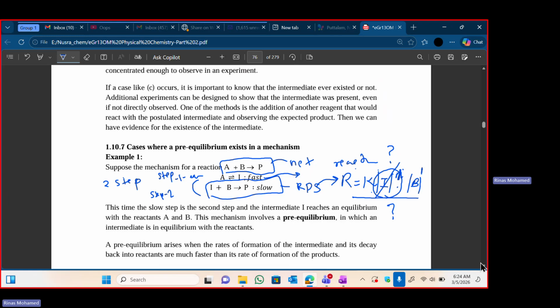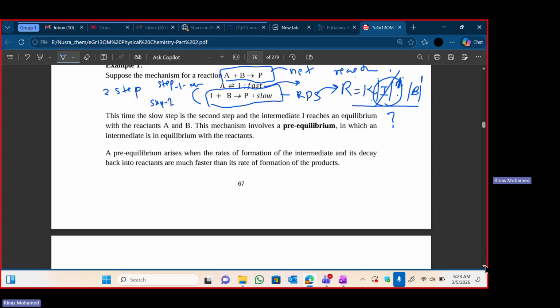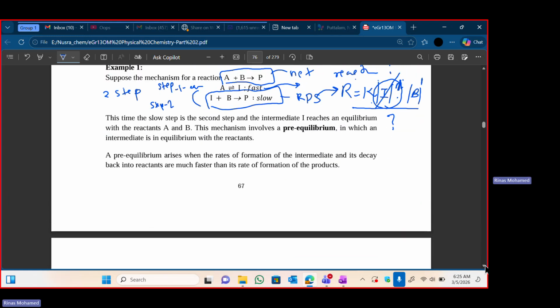Now, for step 1, how can we write? Step 1 is an equilibrium reaction, so we can write an equilibrium constant Kc that equals I's concentration divided by A's concentration. This is Kc, right, because the first step is a reversible step and an equilibrium step.